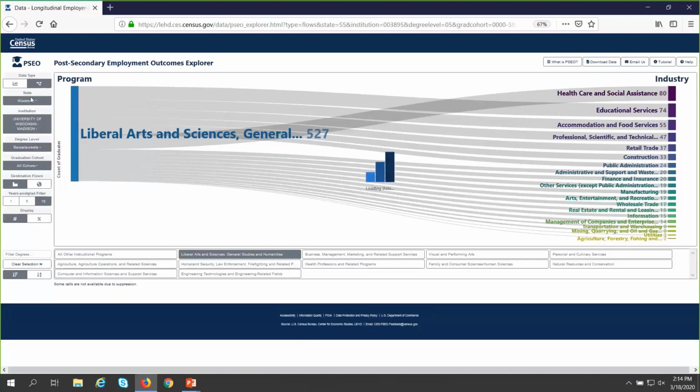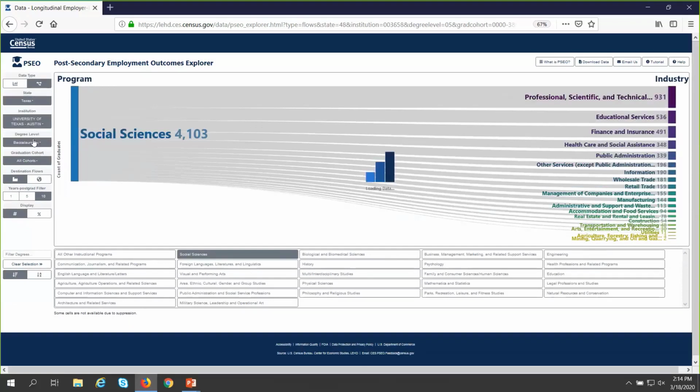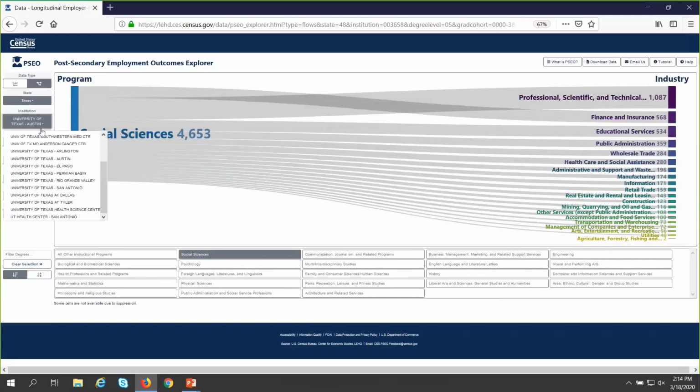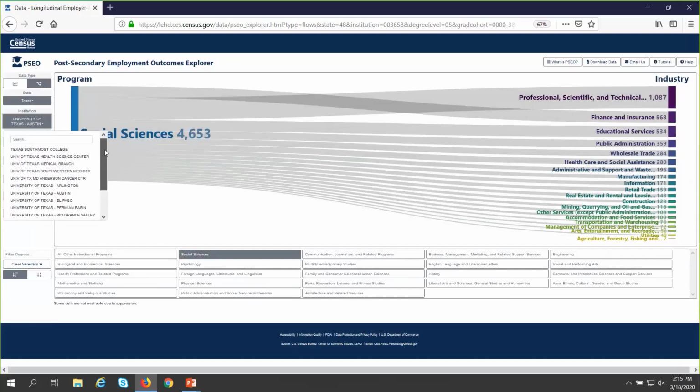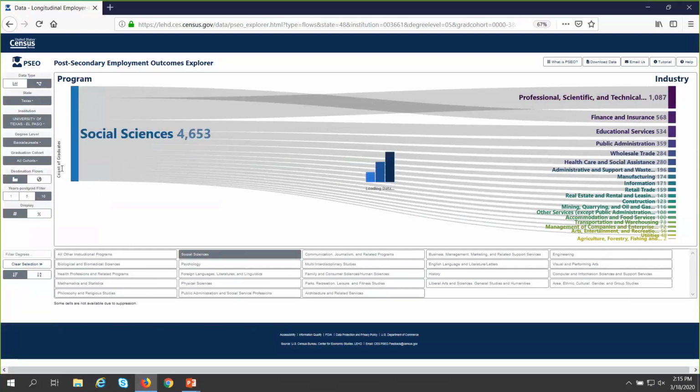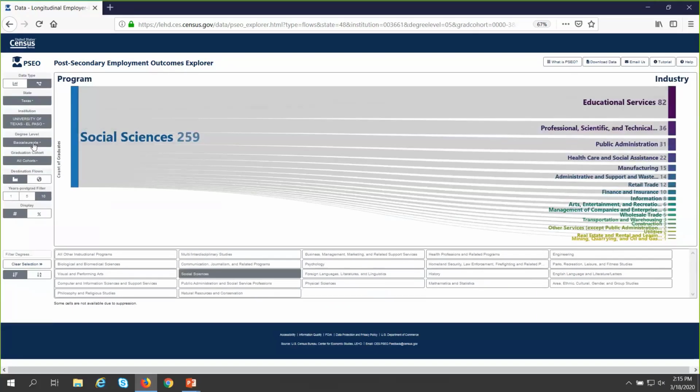So we could go to Texas. If we go to Texas, you get all of the University of Texas schools, so you can choose which of the schools you want to look at. And then you can choose which degree level you're interested in.